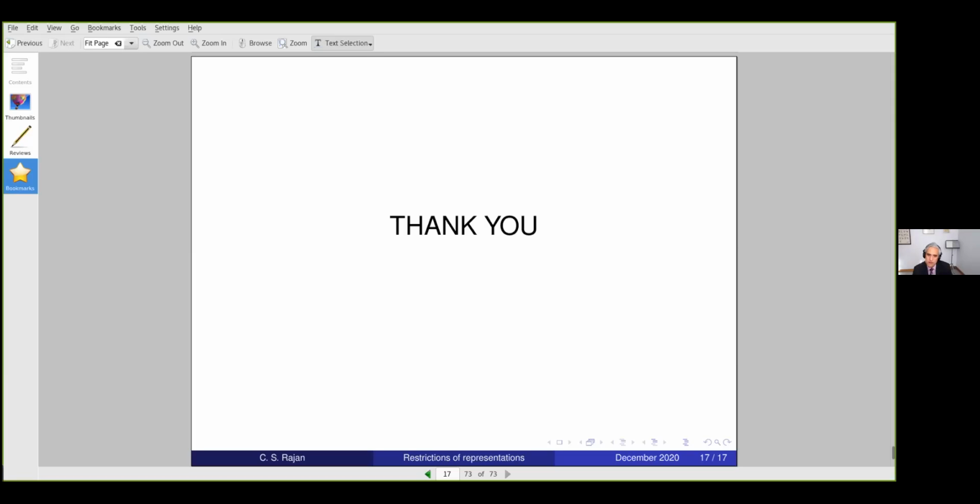For your question about the support of lambda tensor mu, I can just say a few words about how I think about it. I don't know the answer, but if lambda is very large and dominant regular, so deep in the Weyl chamber, and mu is small, then it's quite easy to show that the support is exactly the Weyl orbit of mu translated by lambda. So that's all sitting inside the dominant chamber.